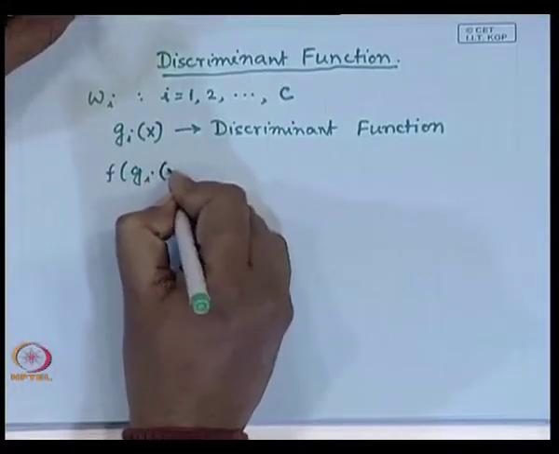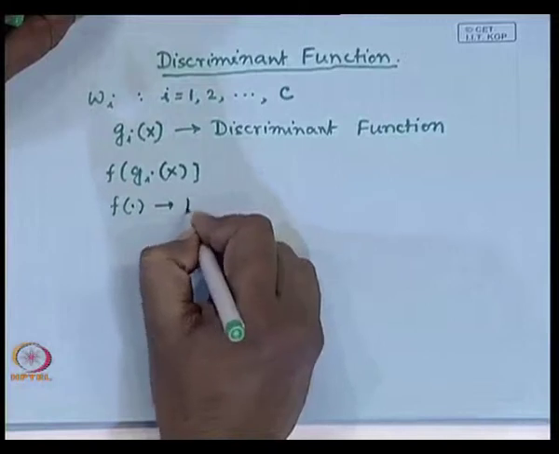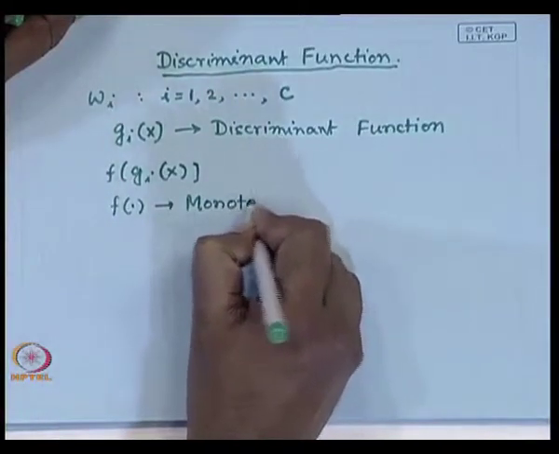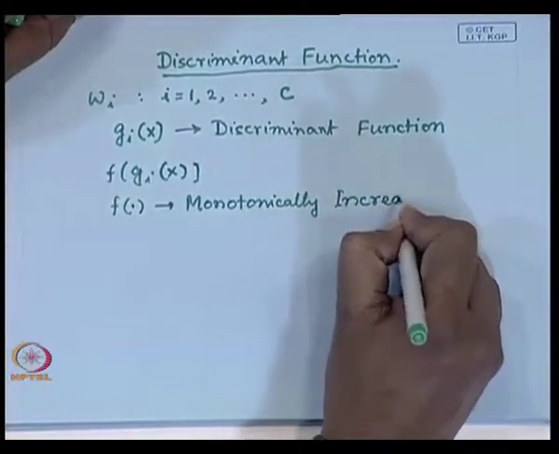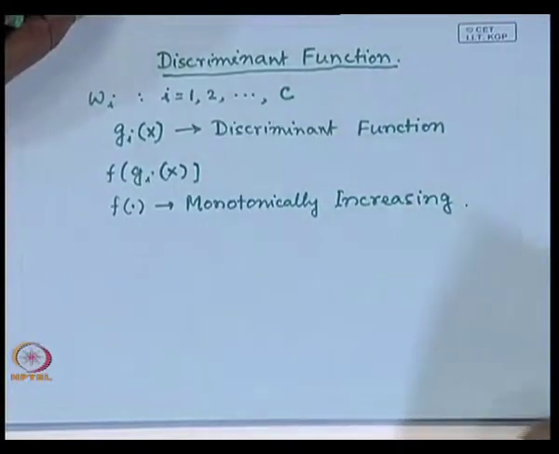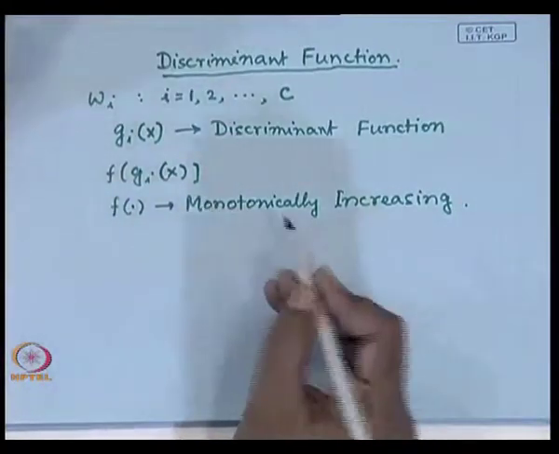So, if I can identify any function f which is monotonically increasing, okay, then the function f on g I x, where this function f is a monotonically increasing function, also serves the same purpose as a discriminating function, because for whichever value of I g I x is maximum, for the same value of I, f of g I x will also be maximum.